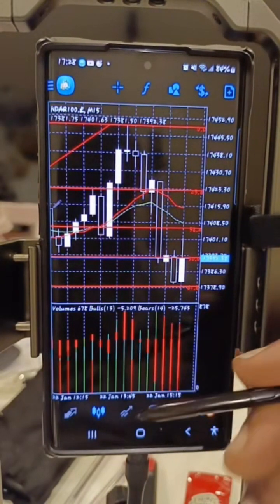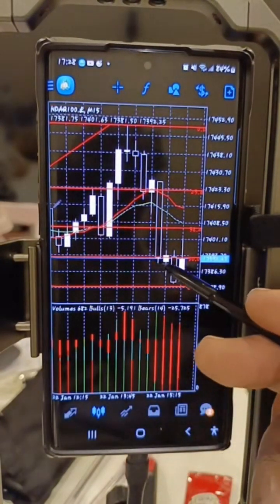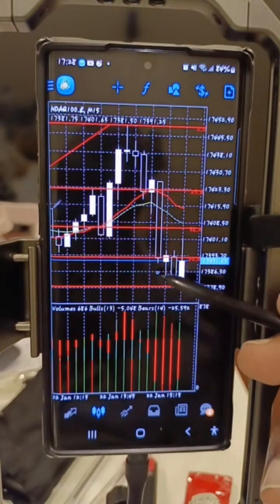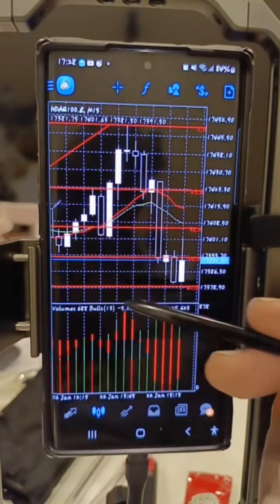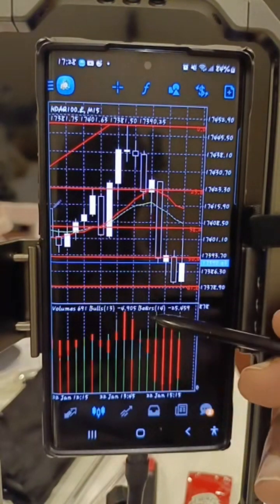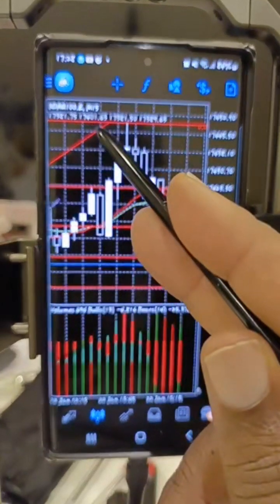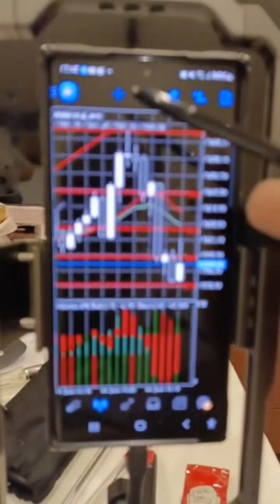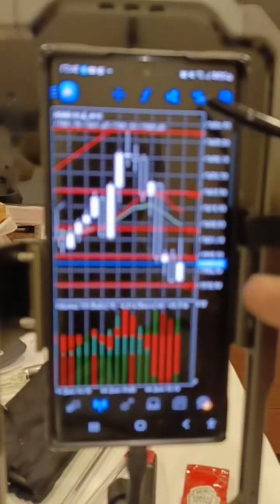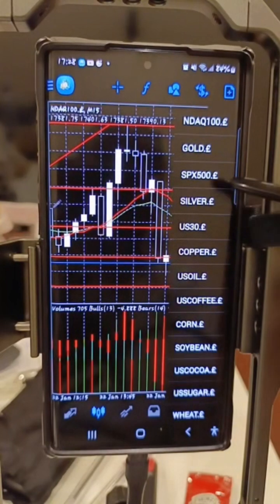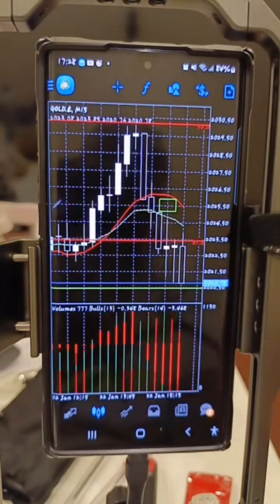Then you go down to your 4 hour and you start looking where is the line? I've just drawn my fib, and you can see clearly here, this is NASDAQ 100. I also do this with gold.